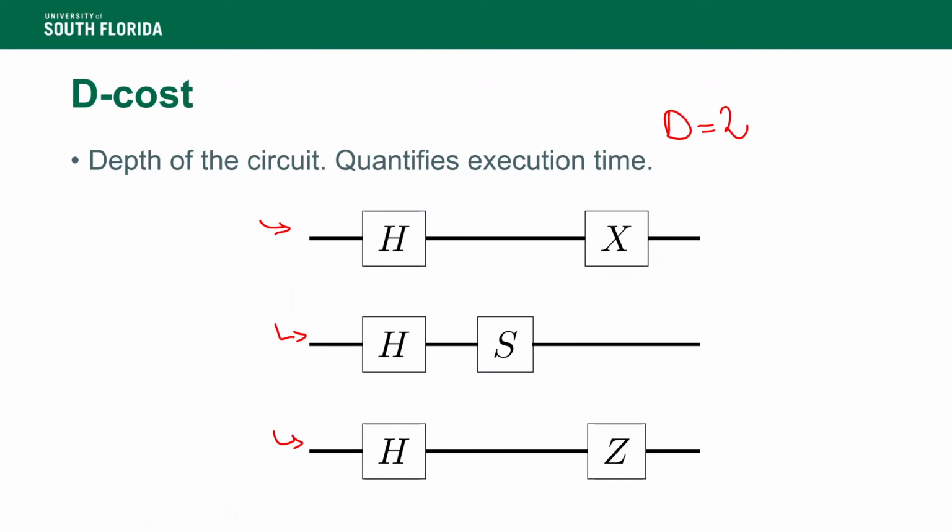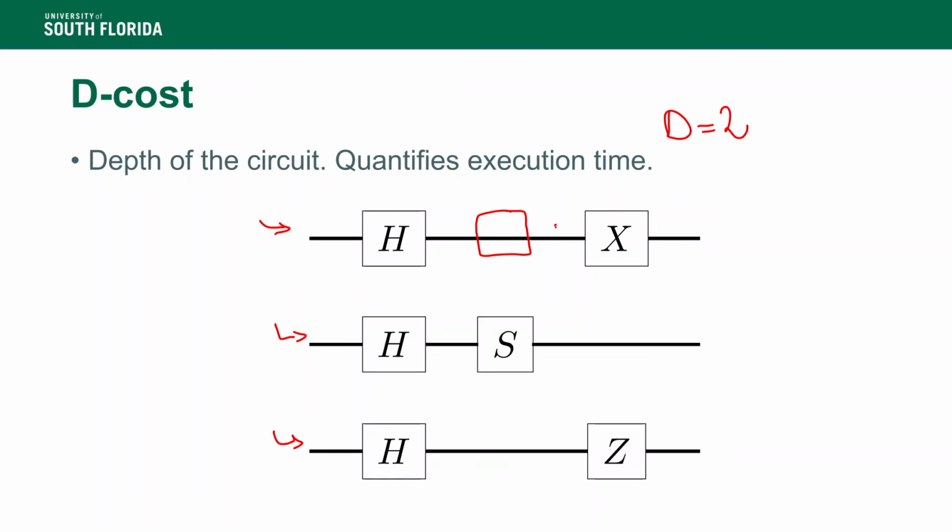Okay, but if I had more gates, for example, here, then the depth will become 3 because the one wire that has the most gates is the one that rules the depth. Okay, so if I keep putting more gates on that first wire, then the number of consecutive gates it has is the depth of the whole circuit.